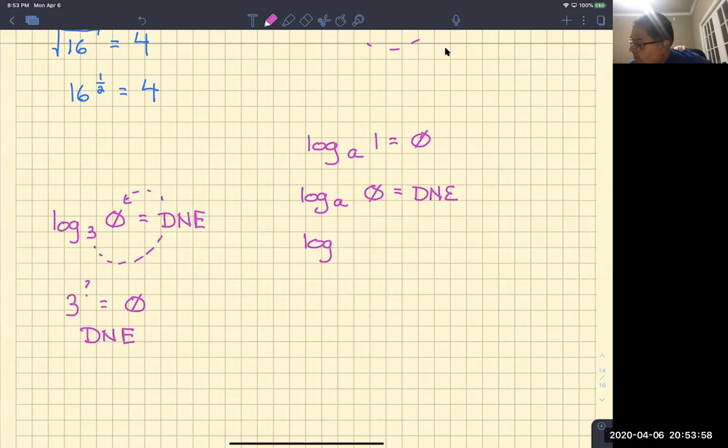Log base a of 1 over a is -1. And log base a of a is 1. Think about it: a to the 1 power is a. If the letter a is confusing you, look at it this way: log base 3 of 3. So 3 to what power gives me 3? Well, 1, because 3 to the 1 power is 3.